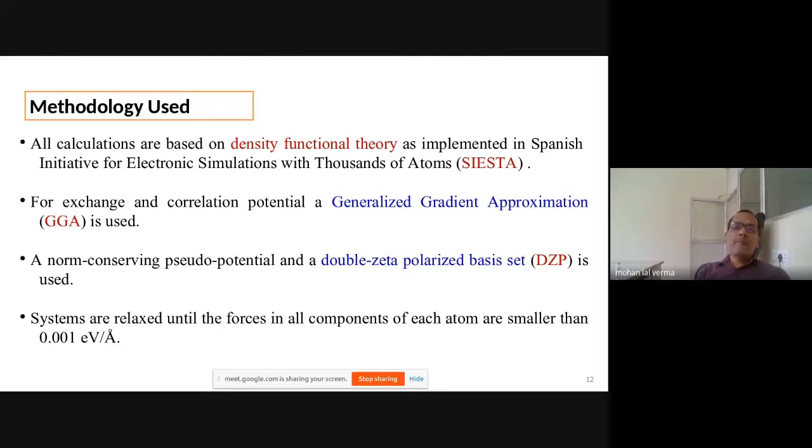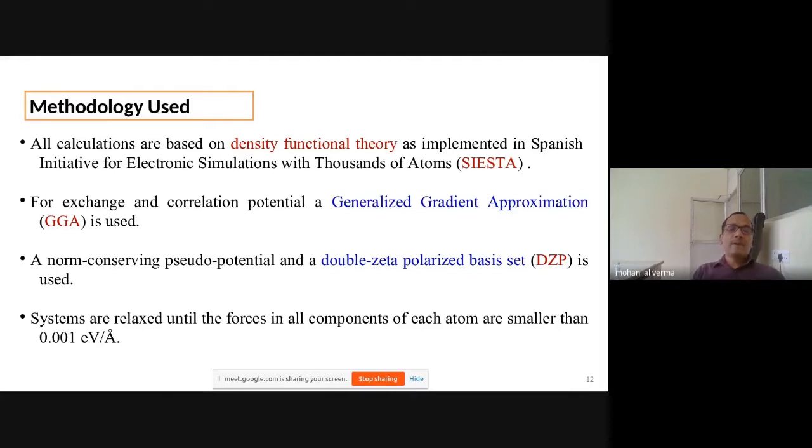We design the polymer PEO by using Avogadro and get its XYZ file, and then we generate one simulation box and optimize. And for that, obviously, we use SIESTA, and in most studies we use the GGA, generalized gradient approximation, as the exchange correlation functional, and a double zeta polarized basis set.